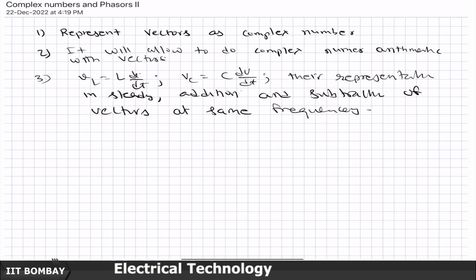But now, when they are going through operations like differentiation or integration, and there is an amplification by omega when it is differentiated, or when it is scaled by 1 by omega when it is integrated, and suppose these elements come in series or parallel or even a mix of series parallel circuits, then handling these vectors properly with phase shift and so on gets cumbersome.